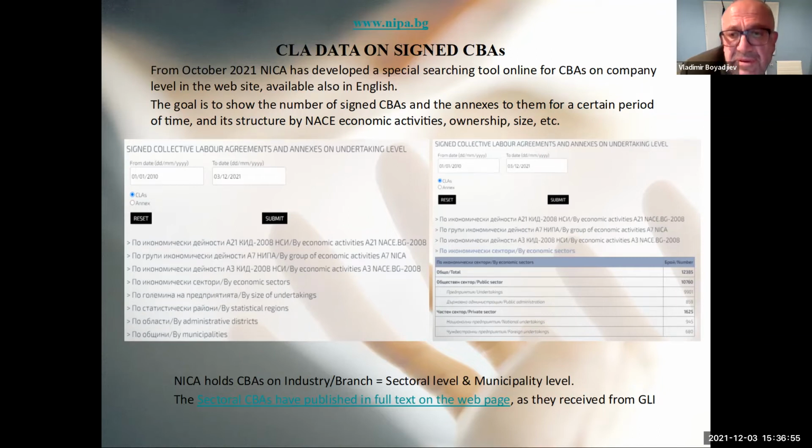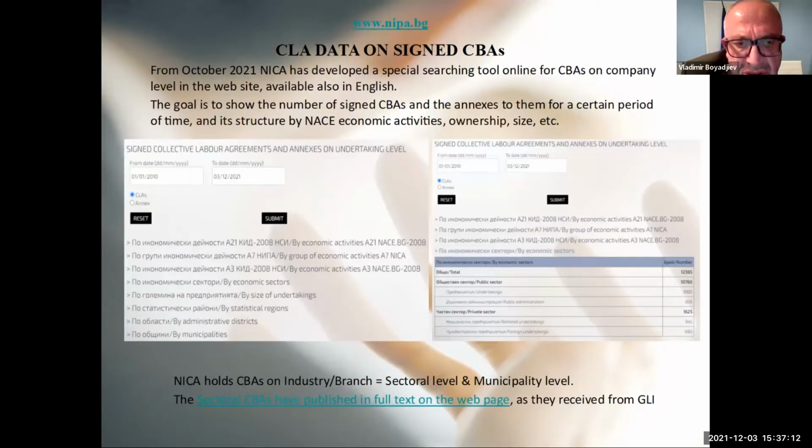And we developed this kind of output as an external output for the public, for all trade unions, researchers, employers, state administration, and it is designed to answer the question: if you know the ID of a company, is there a collective bargaining agreement on a given date?